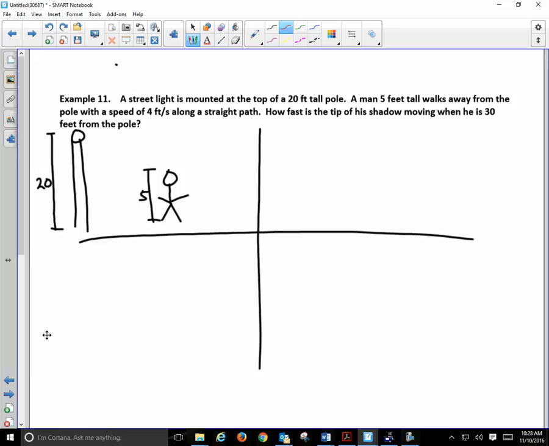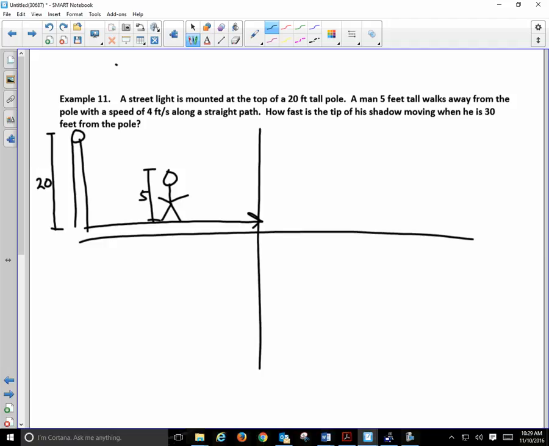He's walking away from the pole with a speed of 4 feet per second on a straight path. How fast is the tip of his shadow moving when he's 30 feet from the pole?